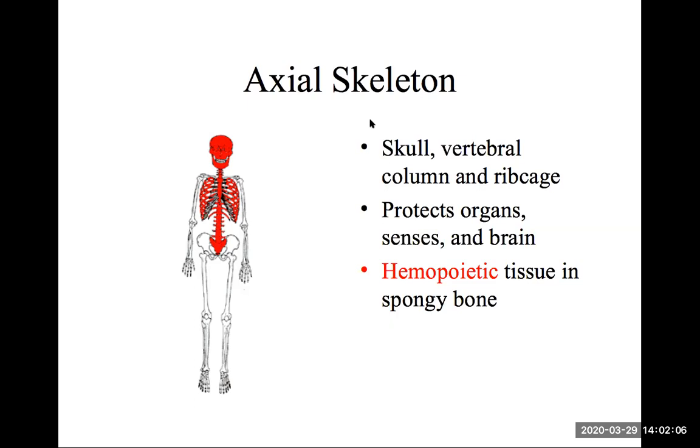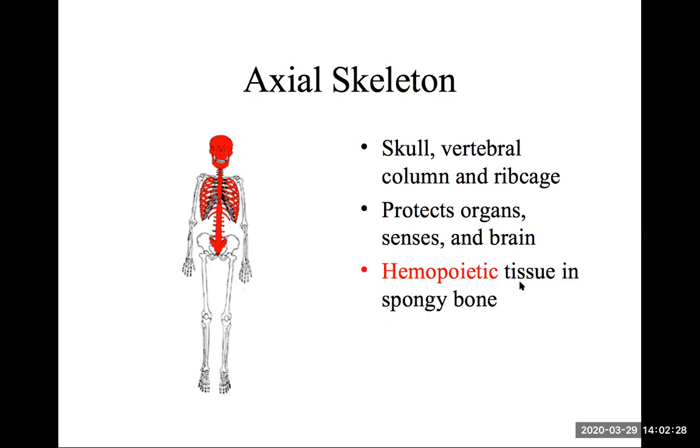These are the bones that protect organs, such as the organs in your thoracic cavity and in your cranial cavity. They also are where you're going to find most of the special senses, which are focused in on the head. And then finally, of course, protecting the brain as another type of organ.